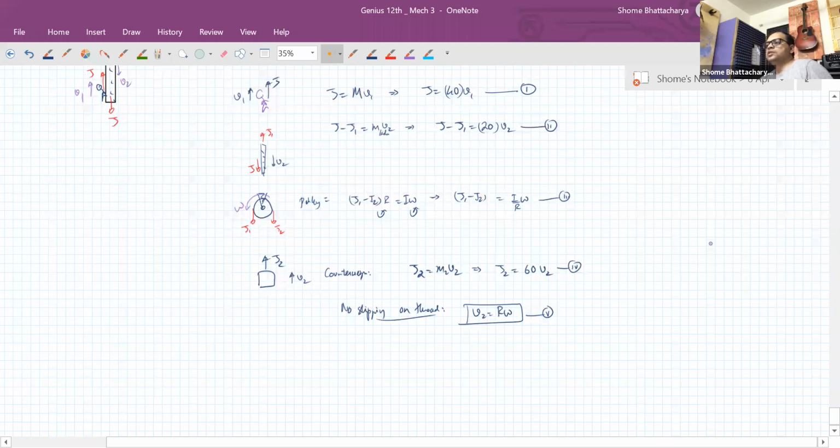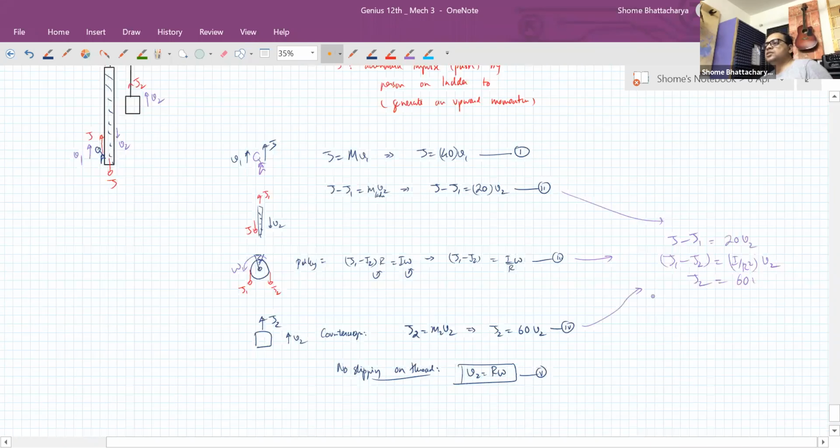Then J minus J1 is 20 V2 and J2 is equal to 60 V2. So this will become actually 30 V2 when you substitute the values. Yeah, V1 and V2 are in the ground frame. So V1 plus V2 will become the relative velocity. So from that you can calculate the time taken to climb the ladder.